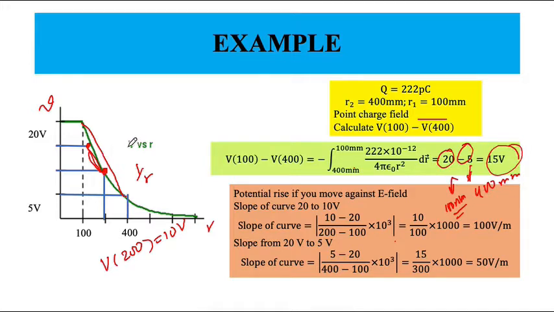So the slope of this curve, curve 2, will be a total of 15 volts over the change between 400 and 100, which is 300, so you get 15 for 300.